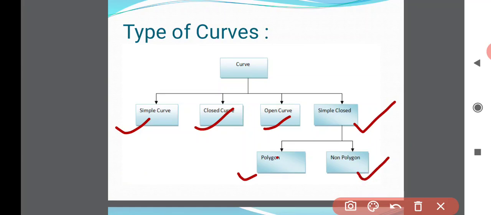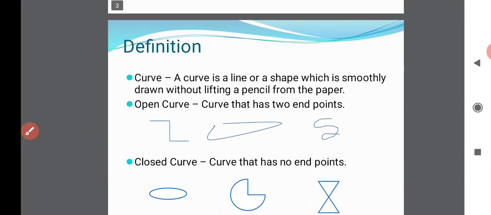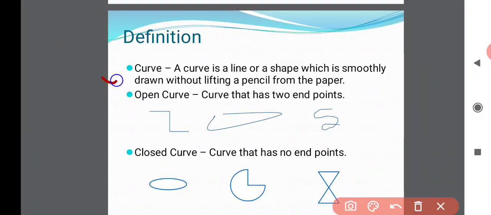Now let's study each curve one by one with its definition. So what is a curve? A curve is actually a line or a shape which is smoothly drawn without lifting a pencil from the paper.